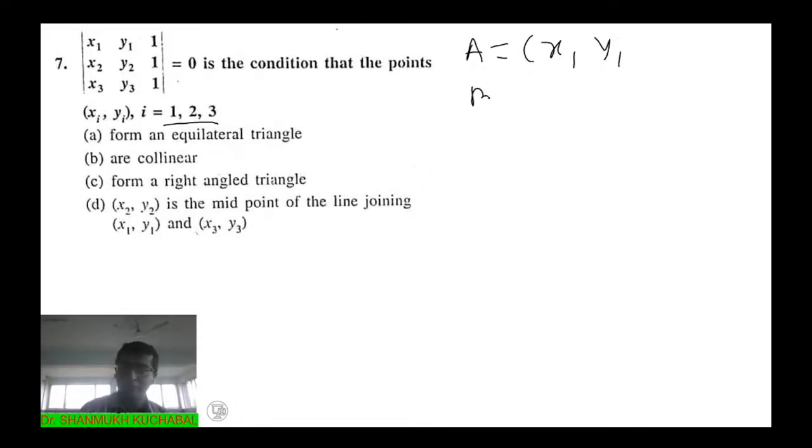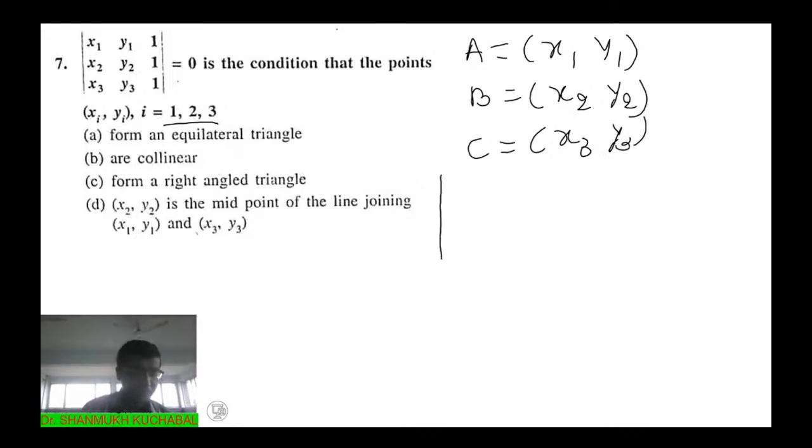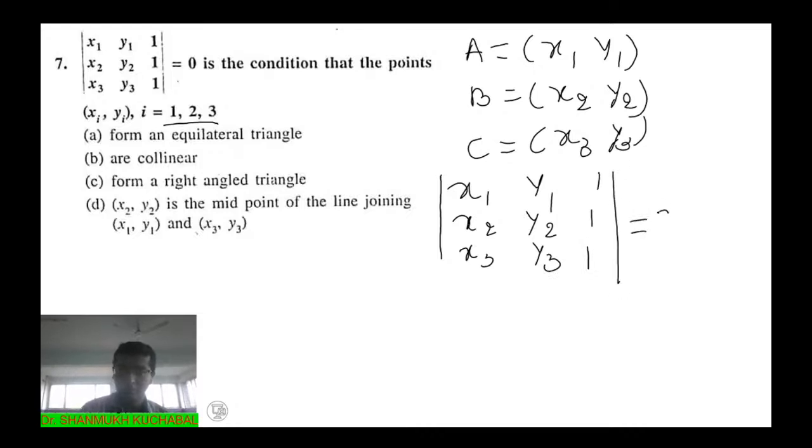Next, B is x2, y2. Then C is x3, y3. Then we will substitute these values. So it is given x1, y1 1, x2, y2 1, x3, y3 1 equal to 0.